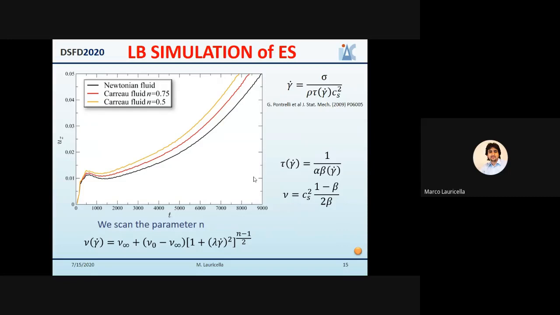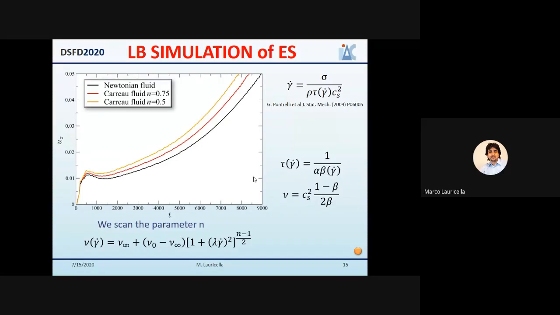Further, we have extended the ability to simulate non-Newtonian fluids, which is an important key feature in presence of polymeric fluids, which are usually pseudoplastic fluids. And in this case, we have adapted the strategy already developed by Pontrelli, Ubertini and Succi, where they exploit a relationship between the shear rate and the relaxation time.